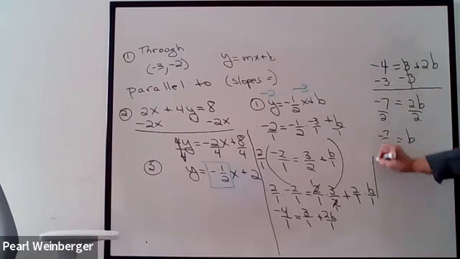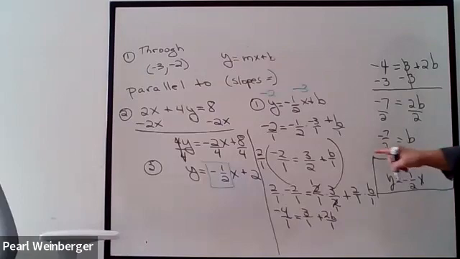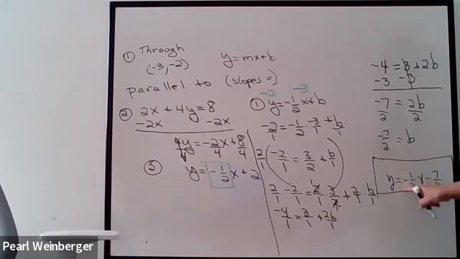So now I can write my equation. y equals, well, I know my slope is -1/2 x minus 7 over 2. That's my b. My slope is -1/2. My y-intercept is -7/2.